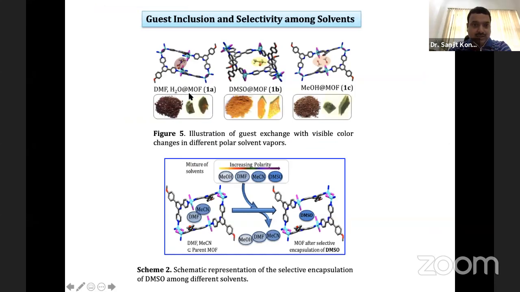Here, DMF and water color is green. When the DMF and water are replaced by DMSO, the color is bright yellow. Now when it is replaced by methanol, the color is pale green. Now the question is, if you give me a sample of some liquid solvent and I don't know what it is, I just expose your unknown solvent to my crystal, to my material.